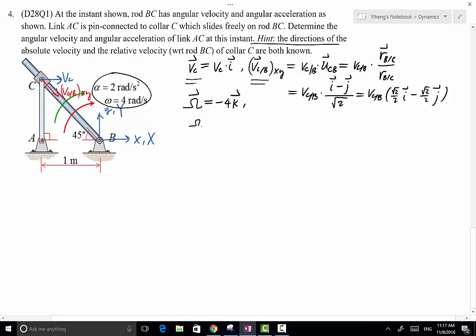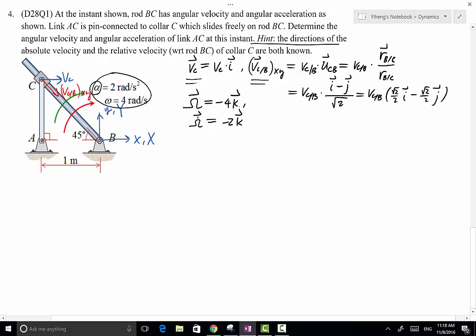And then the time derivative, which is the 2 radian per second squared alpha right here, the angular acceleration of the rotating coordinate system, is negative 2k.